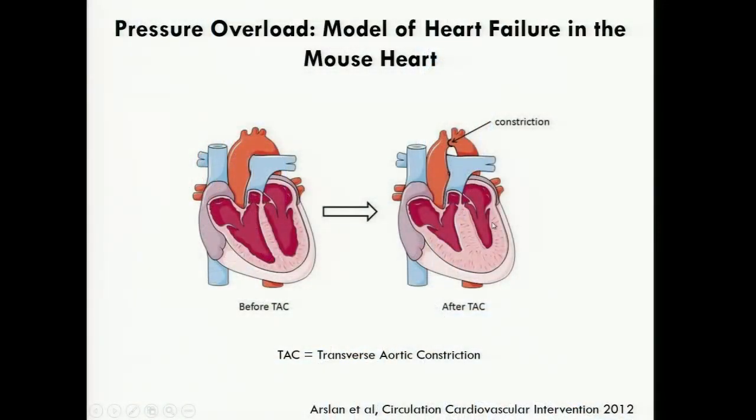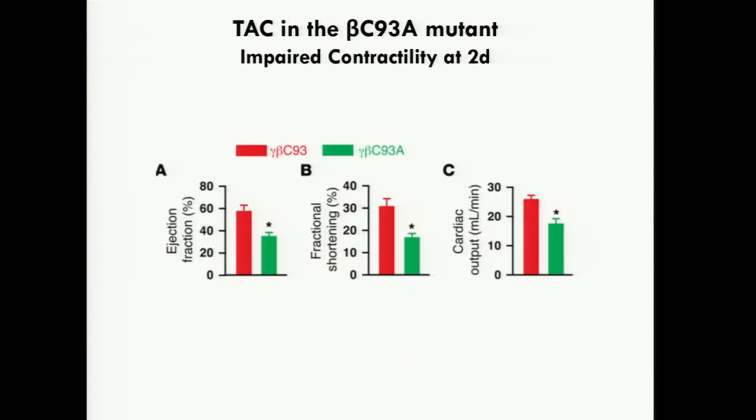It's called a transverse aortic constriction model, or TAC model. That causes an acute pressure overload in the heart that can acutely cause heart failure and chronically cause left ventricular hypertrophy, pericardial effusion, lung edema, and mortality. So what happens to the mutants when they perform this procedure?